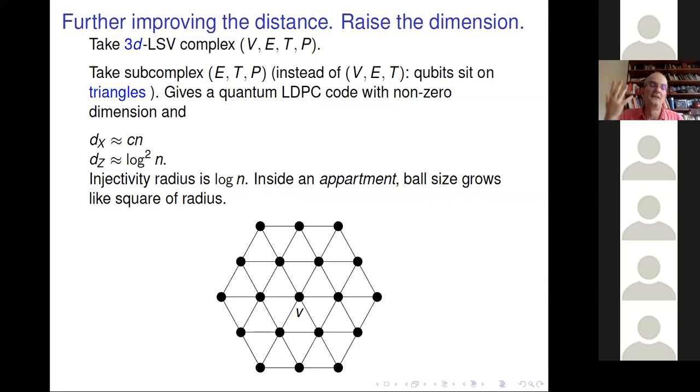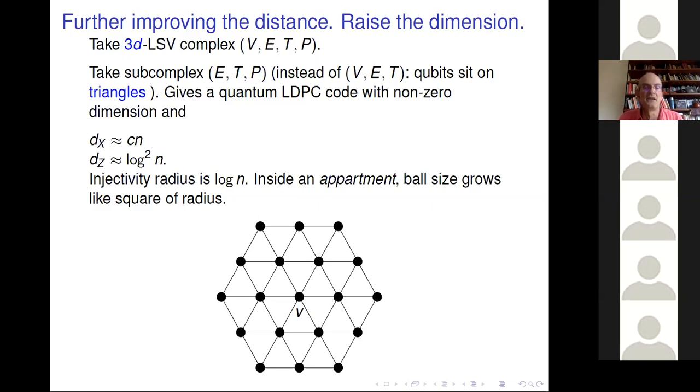Now, in the previous 2-dimensional simplicial complex case, cycles were just ordinary cycles in the graph sense. Here, cycles locally may look like something which is on the picture. And this drawing actually is part of a special subgraph called apartments of LSV complexes that really look like tilings by triangles of Euclidean planes.